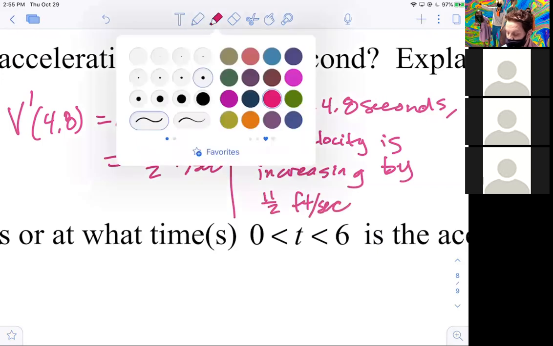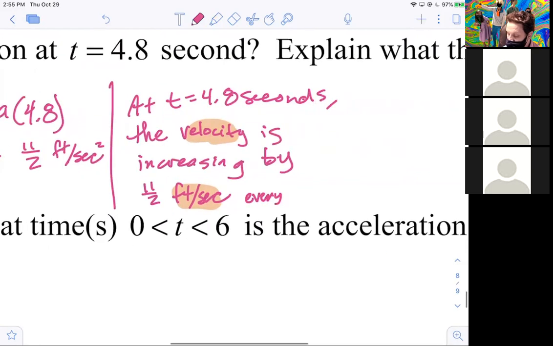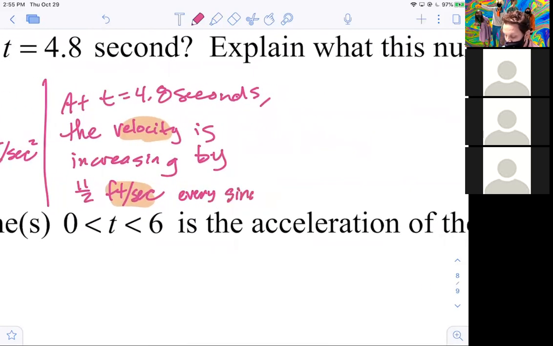Those are velocity units. We answer in velocity units. And then you could say per or each or every single, for emphasis, every single friggin' second. 11/2 feet per second every single friggin' second.